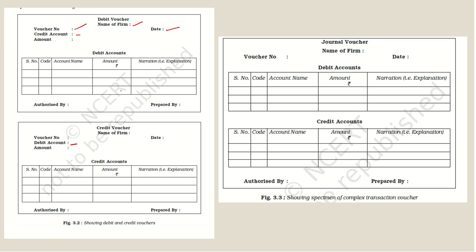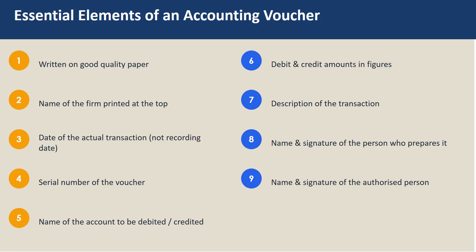Which account is debited, which account is credited should be mentioned, and then the amount will be entered in figures, and then the narration is given, and then there are two signatories, the one who prepares the voucher and someone who is authorizing it. All these are the essential elements of a voucher.